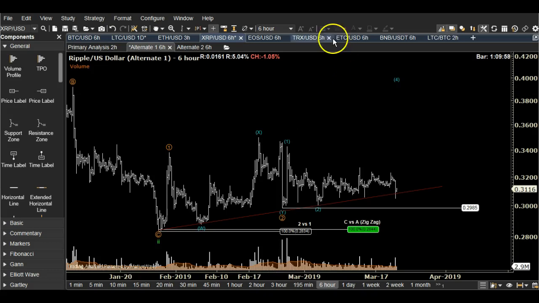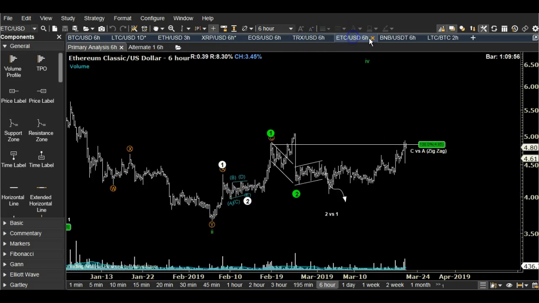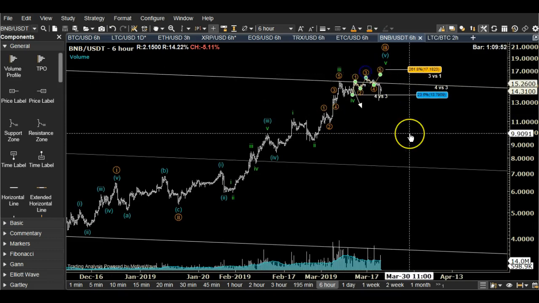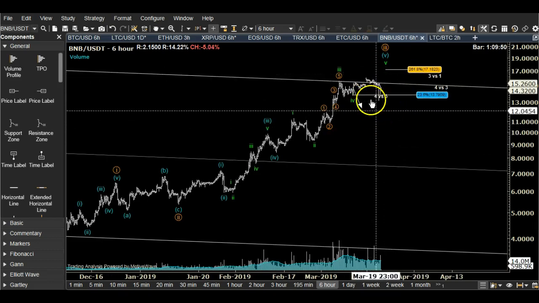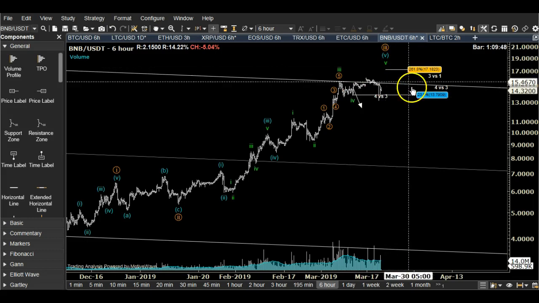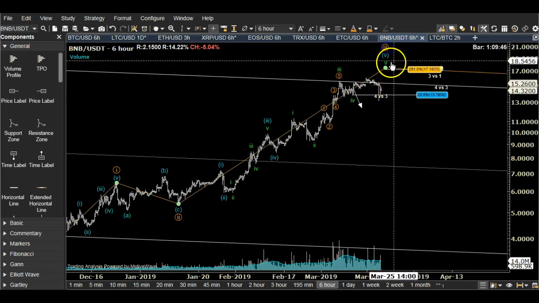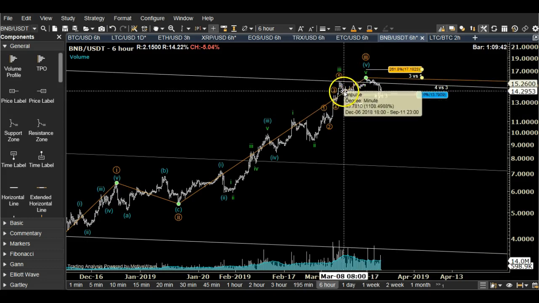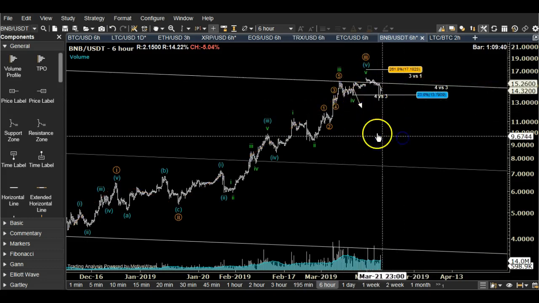All right, Tron, nothing there. Binance, it's moving down, so we were tracking this wave count, and I think we probably already completed this move up into an ending diagonal, 1, 2, 3, 4, 5, very small.